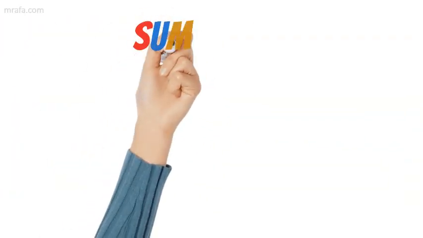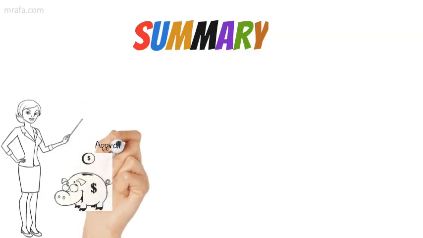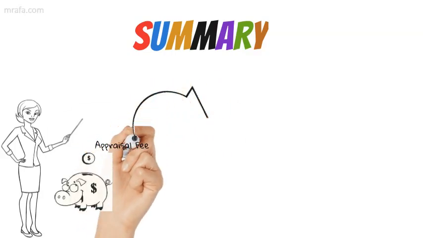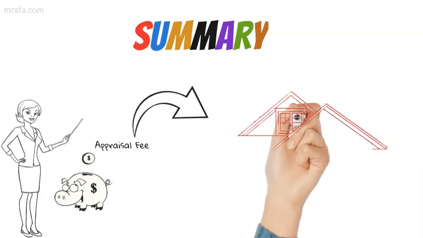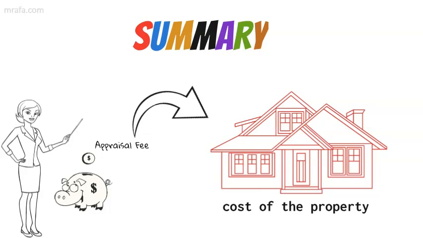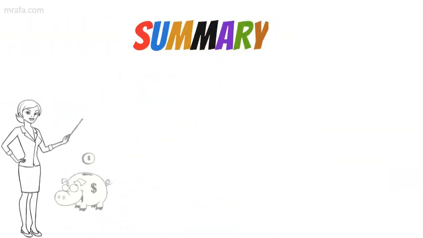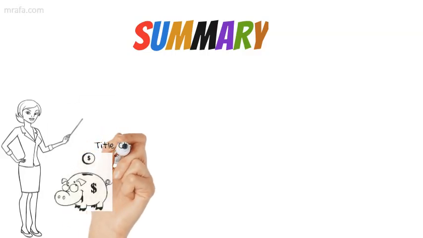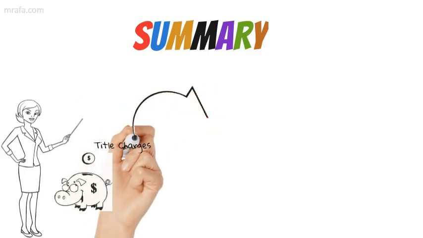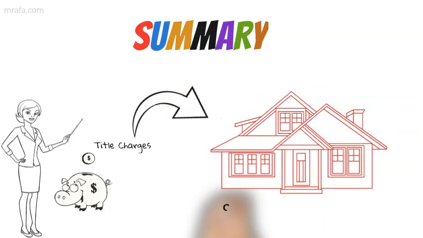Then on section 804, if there is an appraisal fee and the appraisal fee is not required, you add that to the cost of the property. Then all the charges in section 1100, the title charges, you add that. These are like mostly the closing costs, the insurances, attorney fees. You add that to the cost of the property.